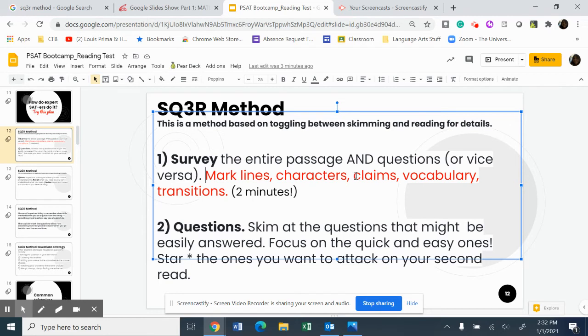Also, claims and vocabulary and transitions are all excellent things to notice in the questions before you get into the passage. The most important thing to know is that you don't need to know that passage very, very well.